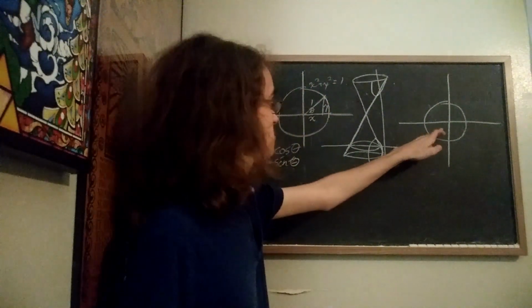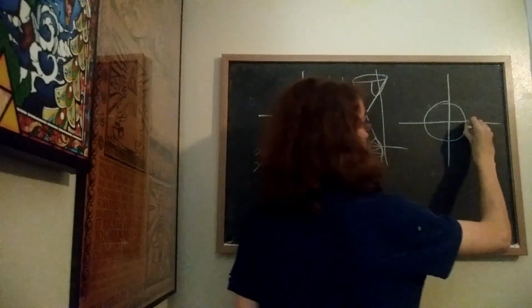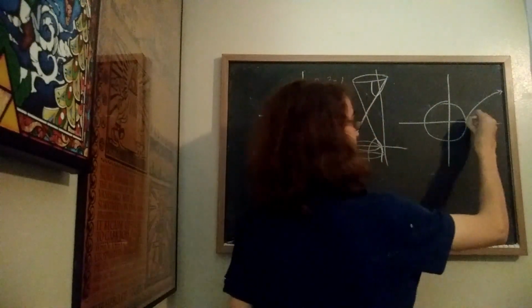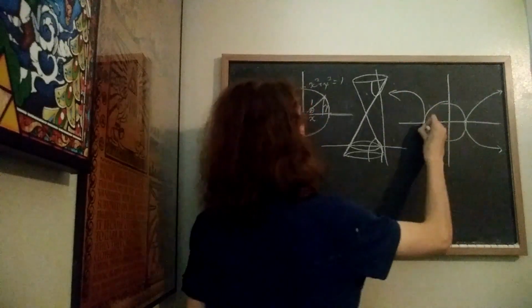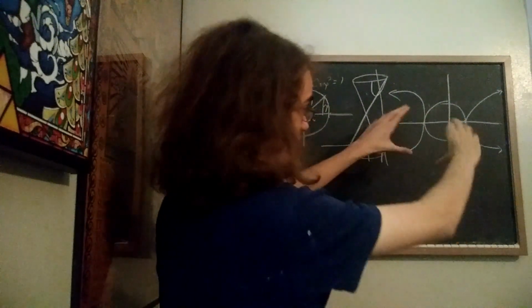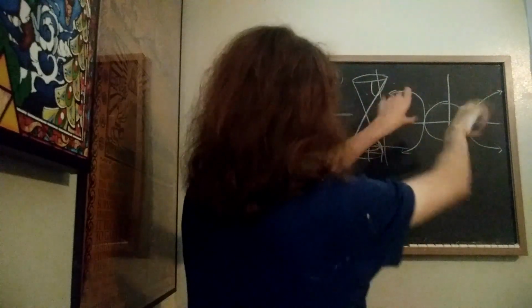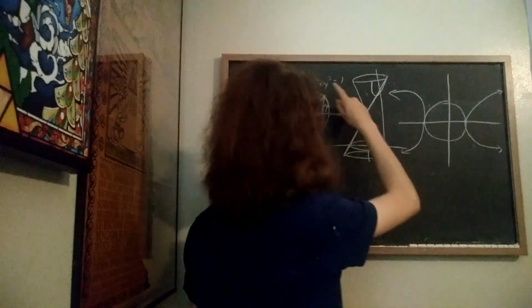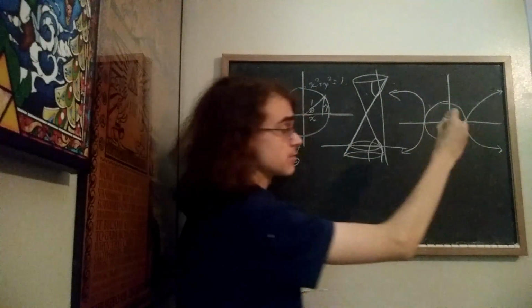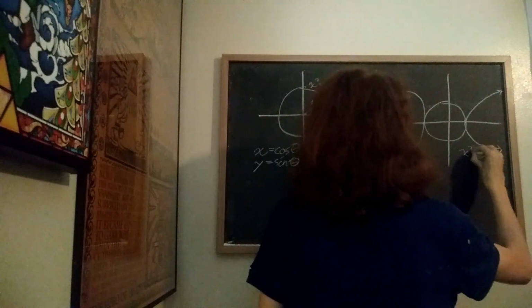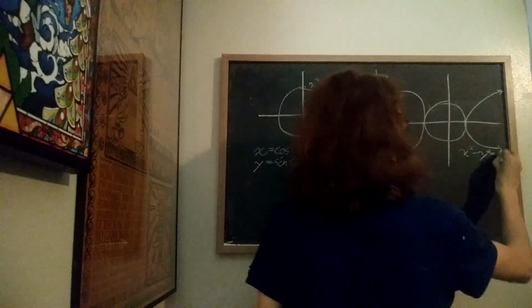Here we have our unit circle, and the hyperbola starts from here and goes out like this. It's like a circle that's just been opened, like that, and while the circle's equation is x squared plus y squared equals 1, the hyperbola's equation is x squared minus y squared is equal to 1.